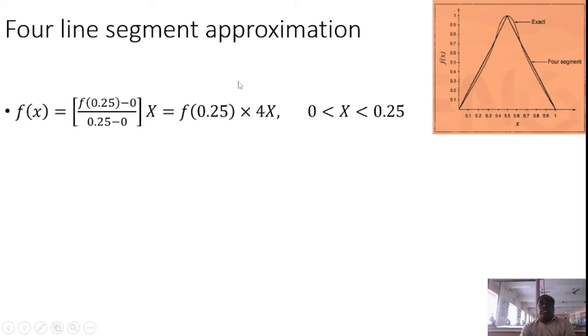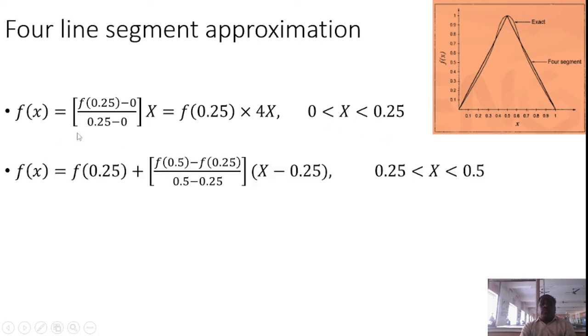This domain space is x, so I can represent it as x, which is equal to the function of 0.25 into 1 divided by 0.25. What do we get from 1 divided by 0.25? It is 4. So that is into 4x, but the boundary condition is that the line starts from 0 and ends at 0.25. So the boundary condition is 0 to 0.25.